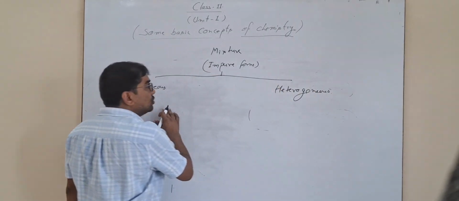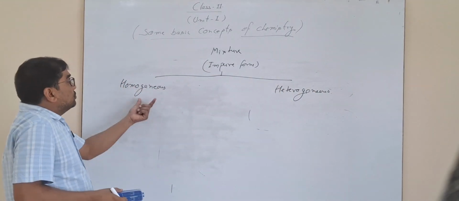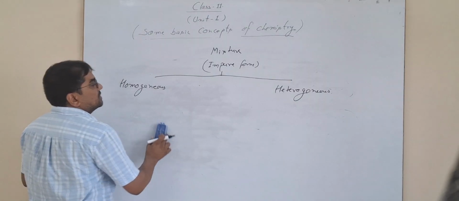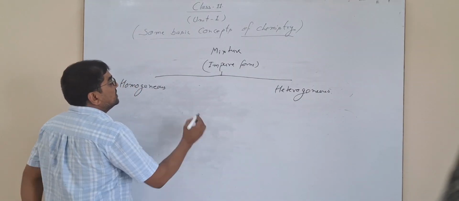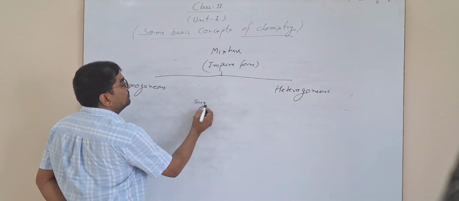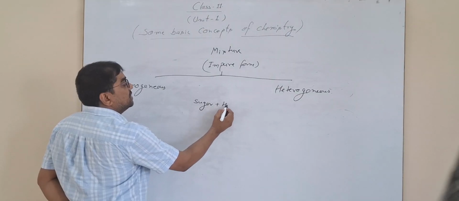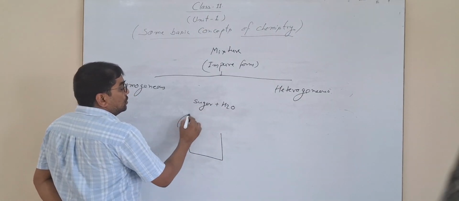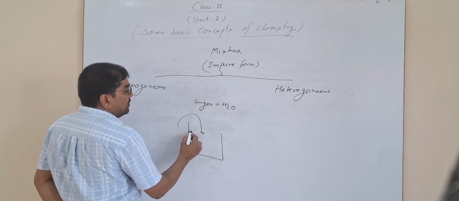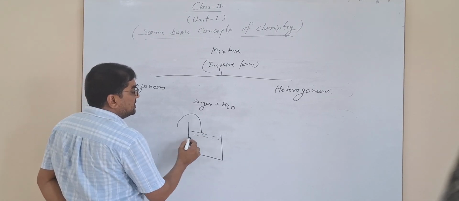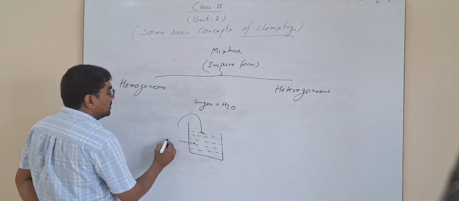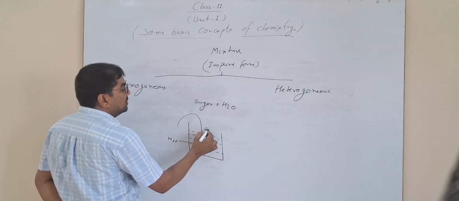Now, what are homogeneous and heterogeneous? Before homo and hetero, let's see one example. Suppose sugar is mixed in water. In a container, sugar is mixed in water and a syrup is formed. It contains water plus sugar.